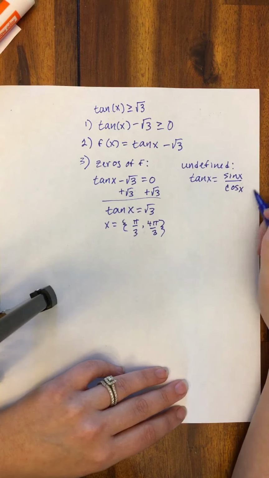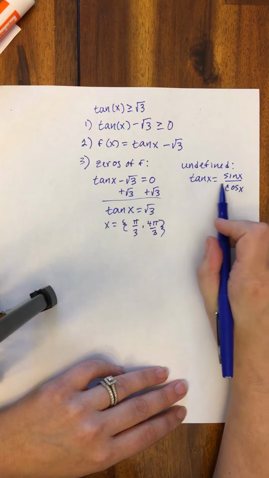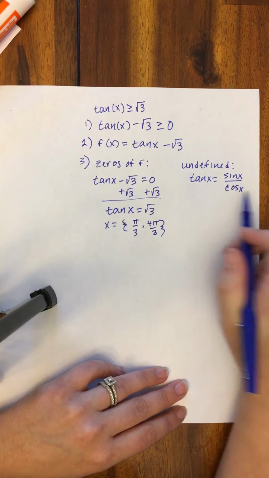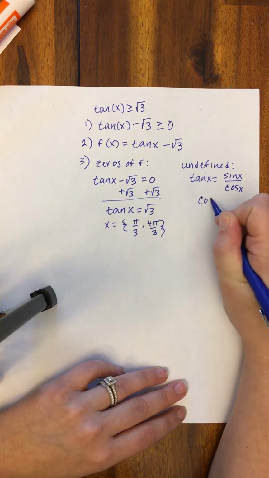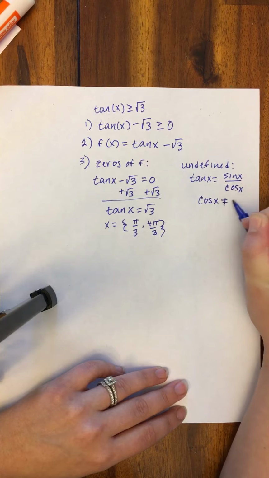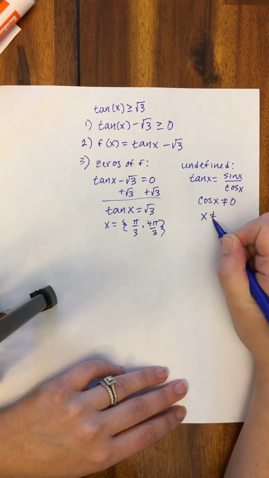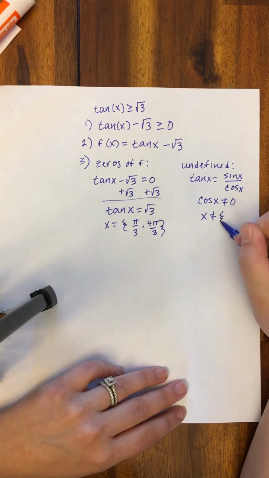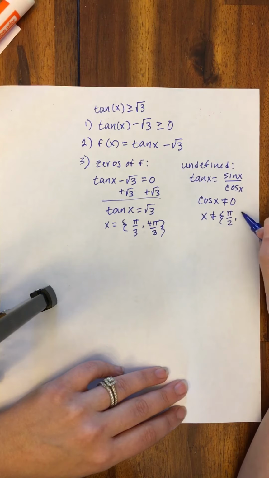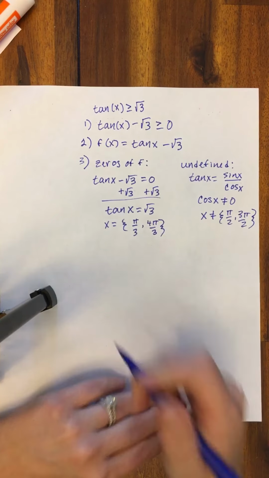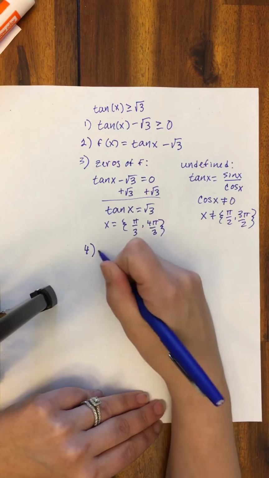And you know for domains, your denominator is never allowed to equal 0, right? If a denominator is equal to 0, that makes it undefined. So cosine is not allowed to equal 0. Where does cosine equal 0? At pi over 2 and at 3 pi over 2. Okay, so those are the 4 values that we're going to put on our sign chart.